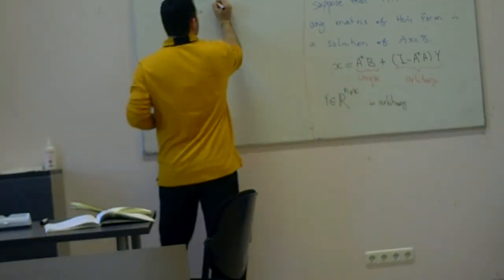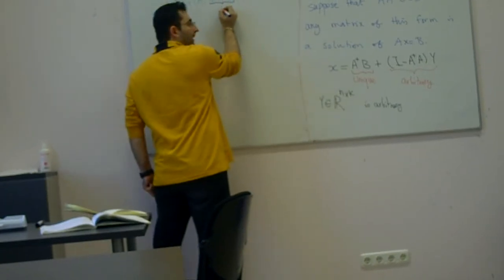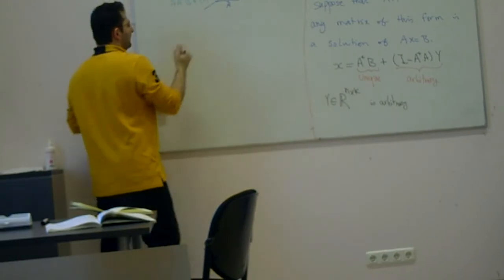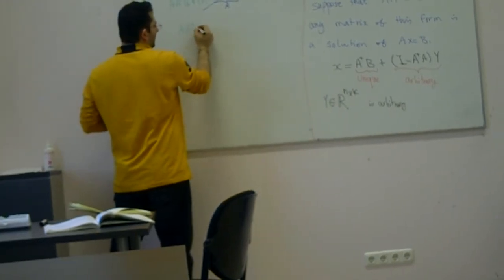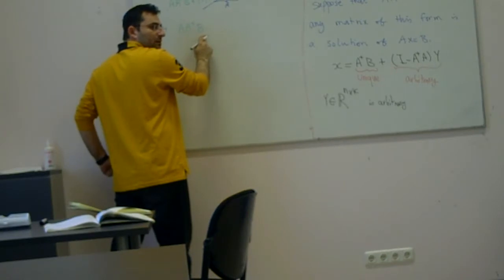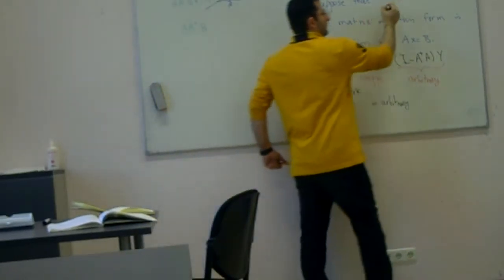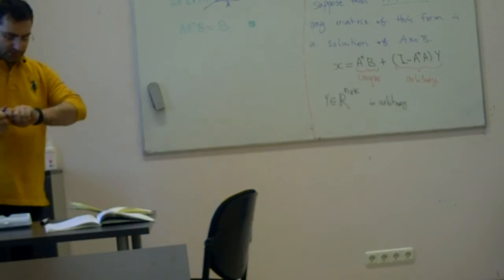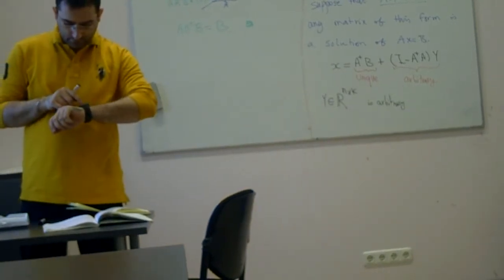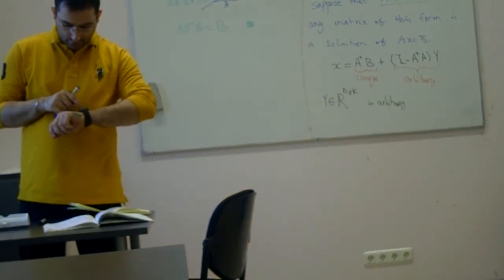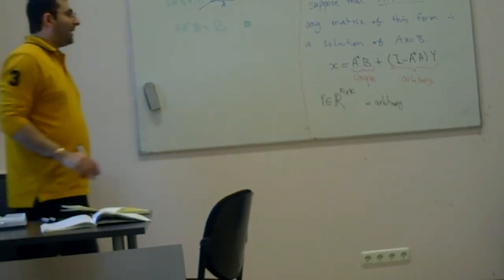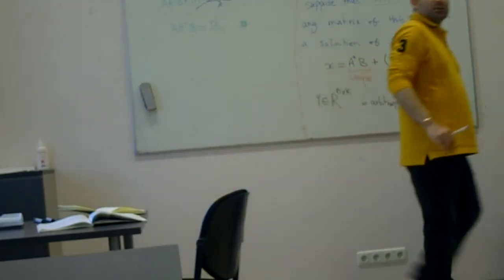What is this? A minus A is 0, they cancel each other, so what is left is A A plus B. What is A A plus B? B. This is a solution. This is the solution. And this is always a solution.